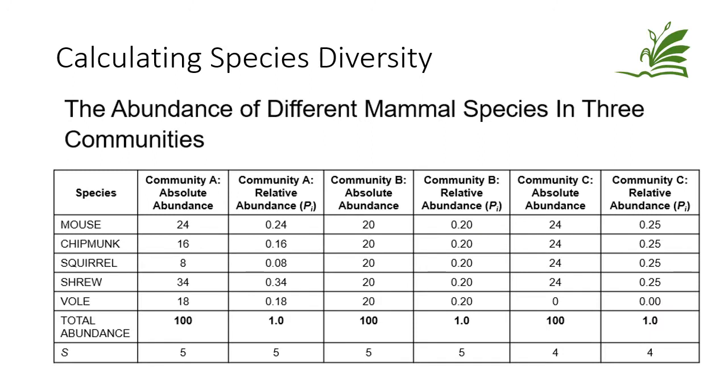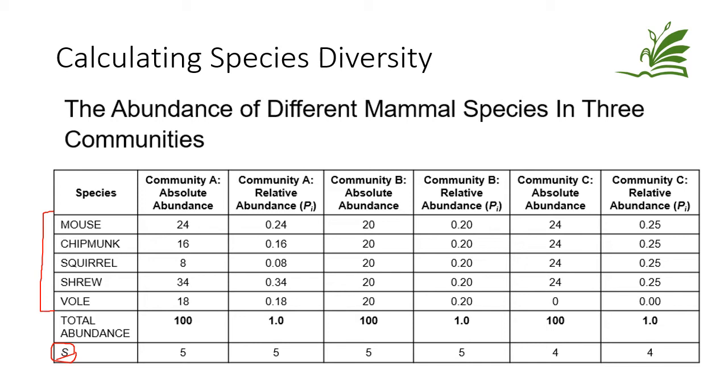In order to actually calculate measures of species diversity, you need to be able to do a couple of things, but mostly you need to be able to count and you need to be able to divide. So not really hard skills in math. So when we're calculating species richness, which here is described as S, all you're simply doing is counting the number of species within that community that have an abundance over 1.